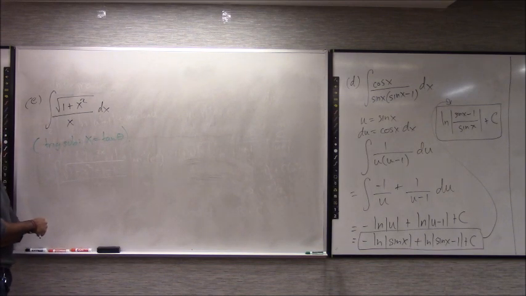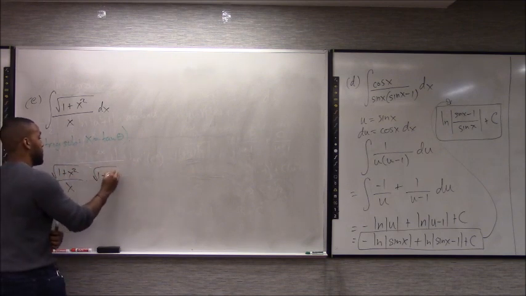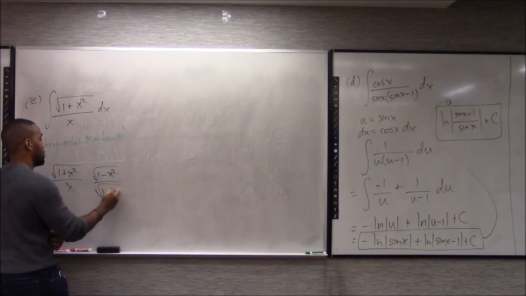What do you think? Natural log. Yeah? You multiply with the conjugate. What's the conjugate here? Square root of 1 minus x squared. Okay, let's work through that. What happens?